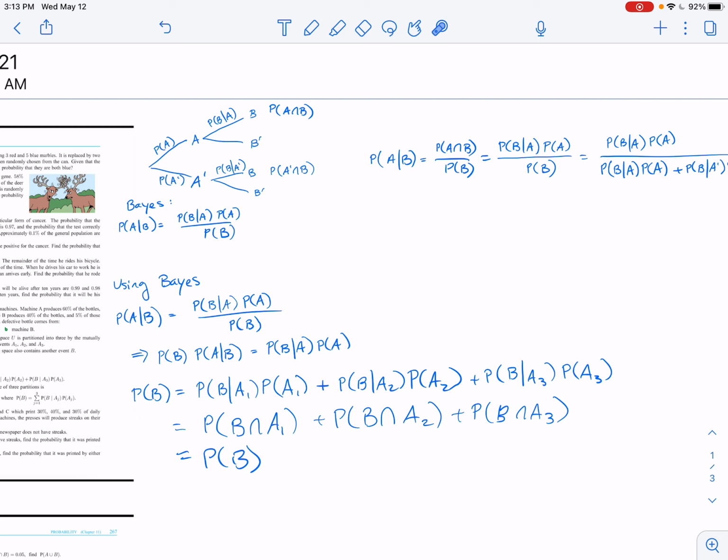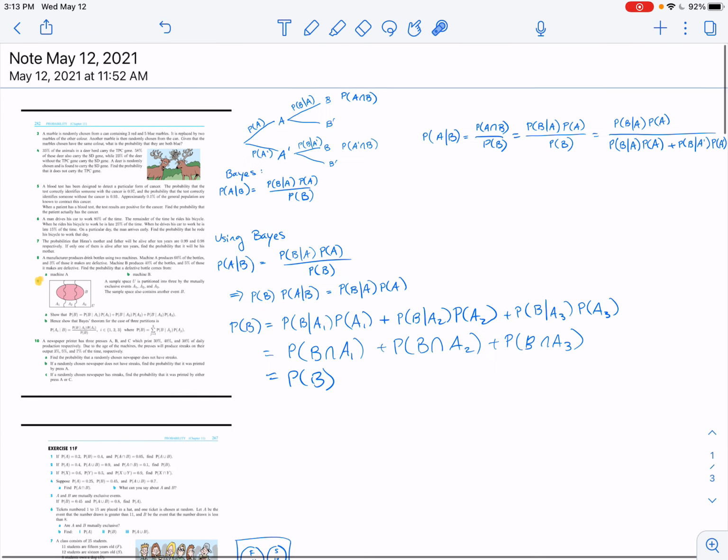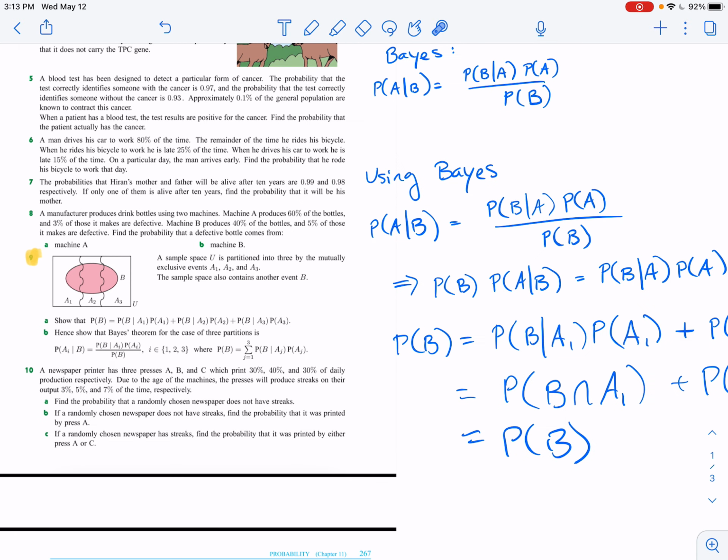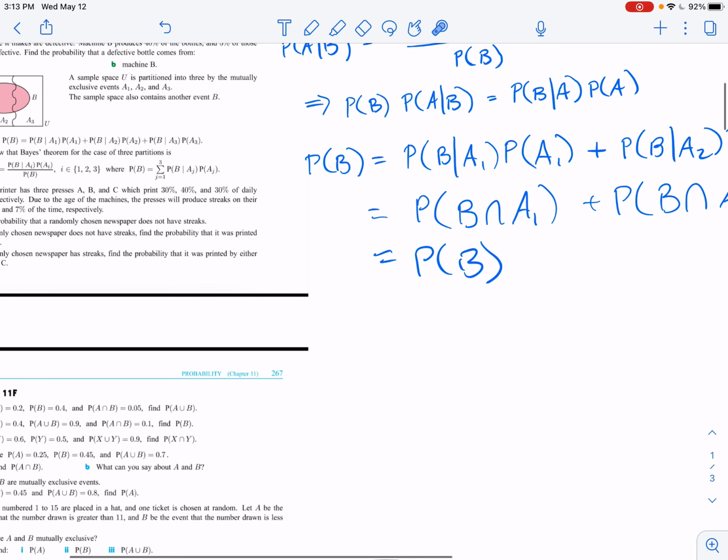So if I have the probability of B given A1 times the probability of A1, that's equal to the probability of B intersect A1. And then the next one, I can use that same idea to get the probability of B intersect A2. Then the probability of B given A3 times the probability of A3 gives me the probability of B intersect A3. Well, notice that becomes, I'm not sure, I might be missing a step here.